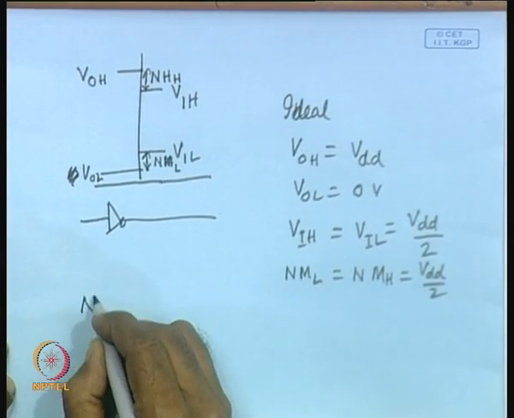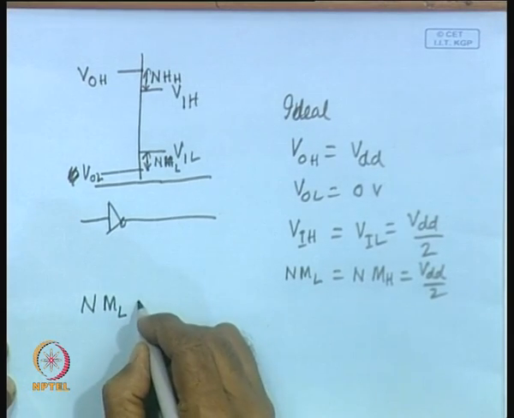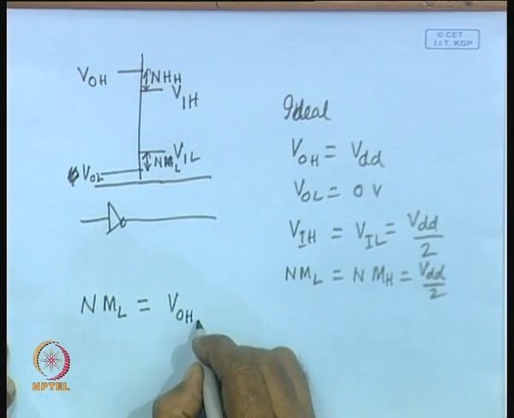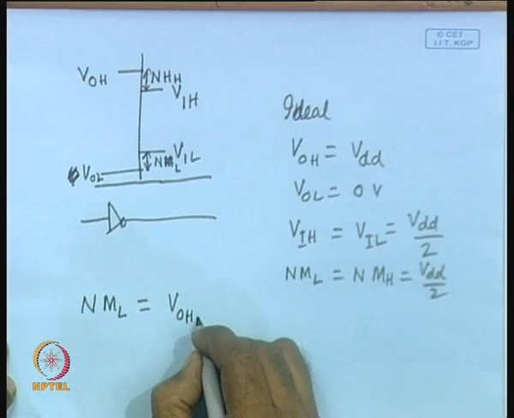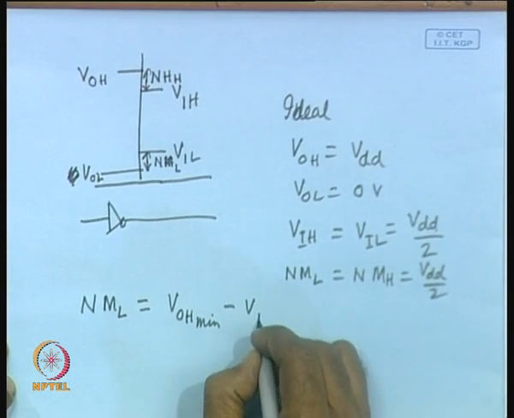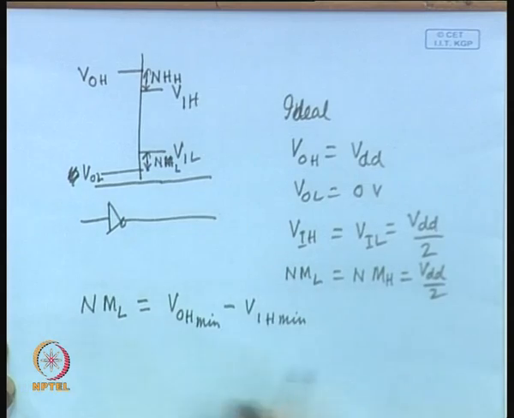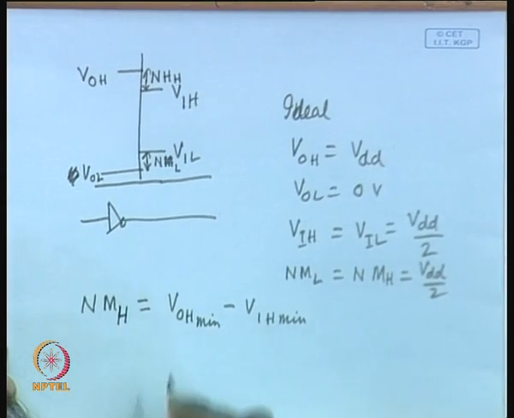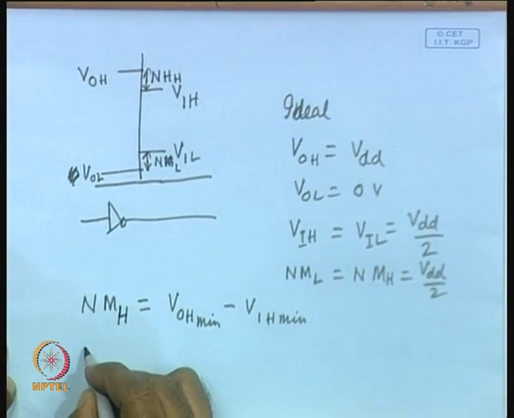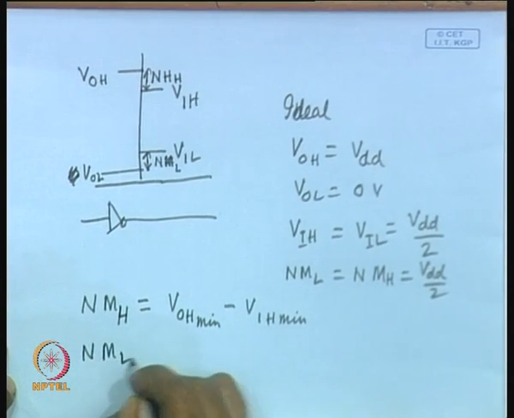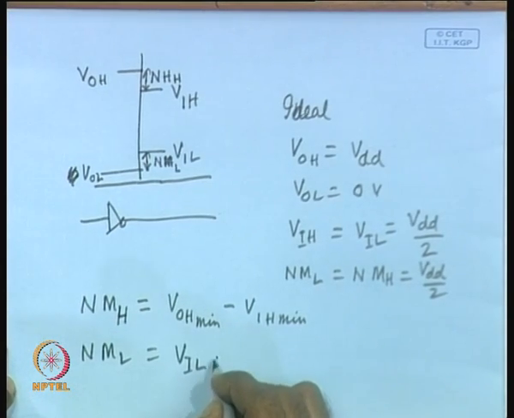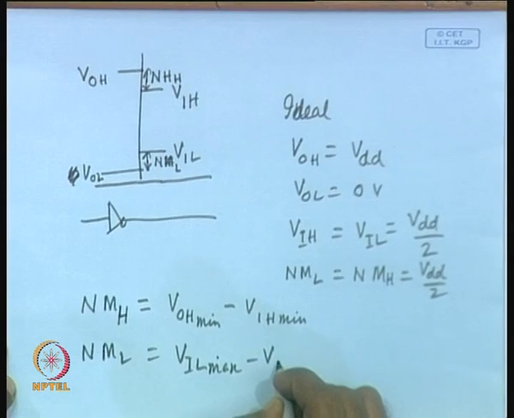So, in reality noise margin high is defined as VOH minimum minus VIH minimum. Similarly, noise margin low will be equal to VIL maximum minus VOL maximum.